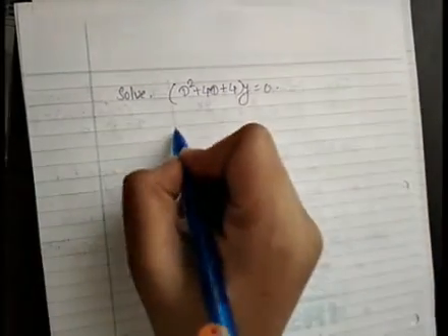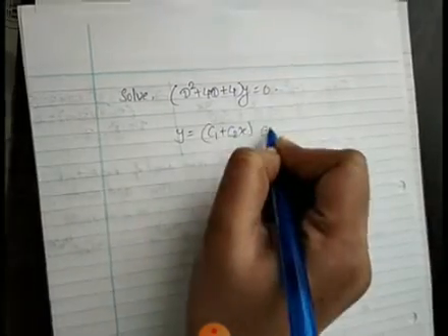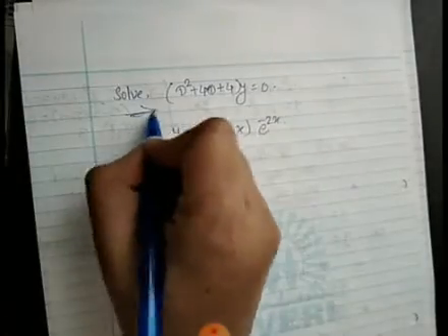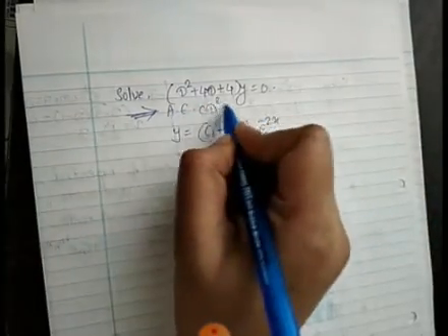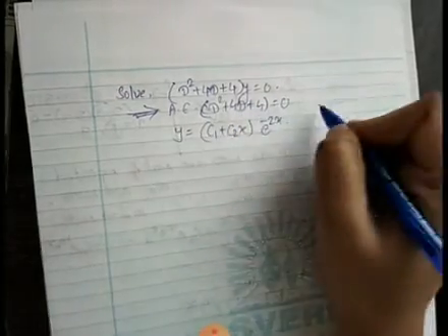Y is equal to C1 plus C2x, e raised to minus 2x. So first of all, write properly the auxiliary equation, that is d square plus 4d plus 4 is 0.